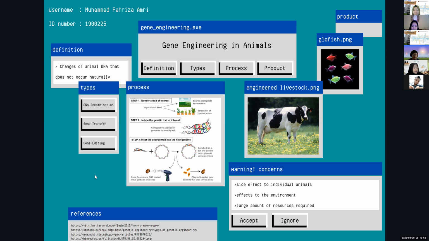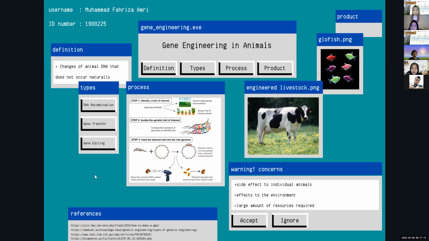That would be the difference. But in the basics, they are pretty much the same. They are both DNA recombination. It's just that what they discuss is slightly different, so to say.